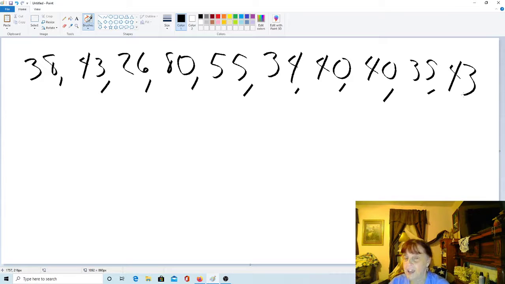Okay, and you've got to find the average of that set of data. The average is, you add them all up and divide them by how many numbers. You have 2, 4, 6, 8, 10 numbers. So you add all those numbers up divided by 10. 38 plus 43 plus 26 plus 80 plus 55 plus 34 plus 40 plus 40 plus 35 plus 43.